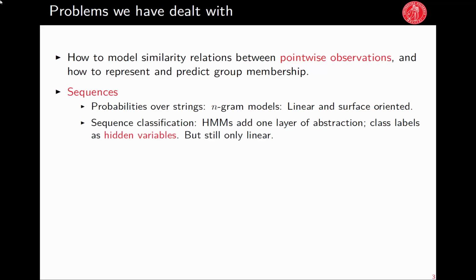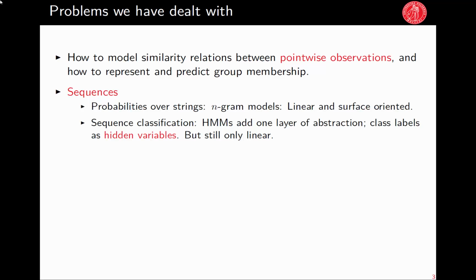And then, roughly halfway through the course, we started looking at sequences instead. So sequences of events, sequences of observations, rather than just individual single data points or observations. In our case, the sequences were strings of words.